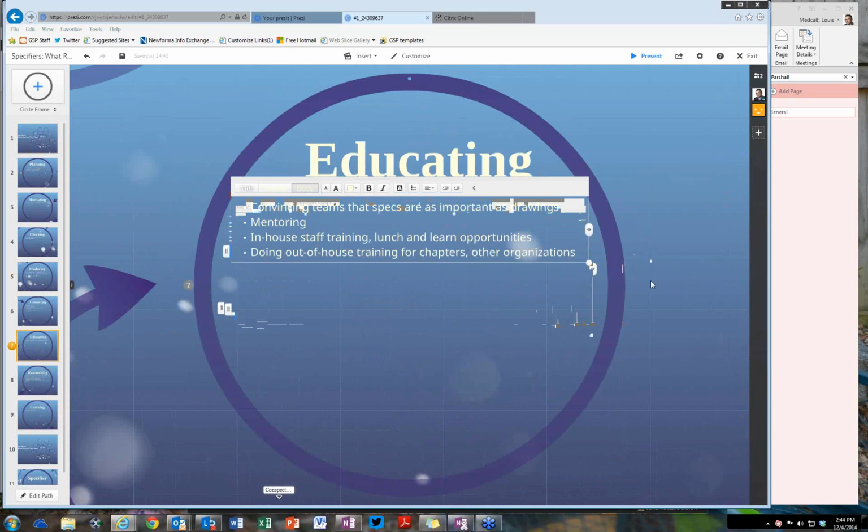And of course, we do need to go back and notice one of our early registrants suggested that just the whole educating, getting people to think that teams are convincing them that specs are as important as drawings, and that has important legal consequences, because although the AIA documents say that drawings and specs are of comparable value or equal priority, in point of fact, I was actually a claims manager for my previous firm for about 10 years.